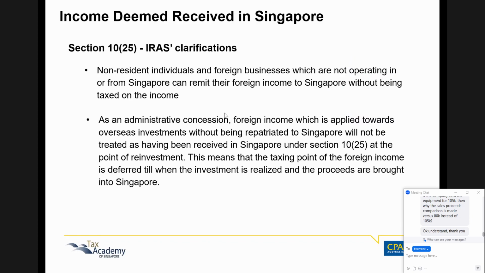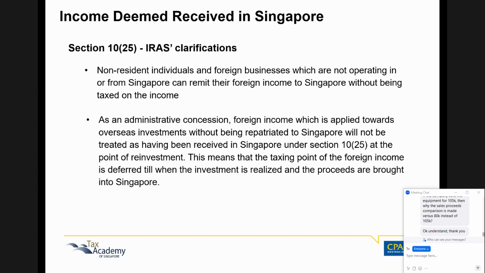But we have a clarification, because everyone will be a bit concerned. It says here that non-resident individuals or foreign businesses not operating in Singapore or from Singapore can remit their foreign income without being taxed on that income.